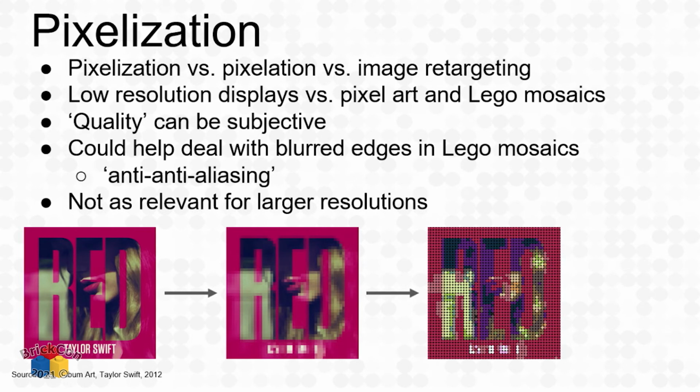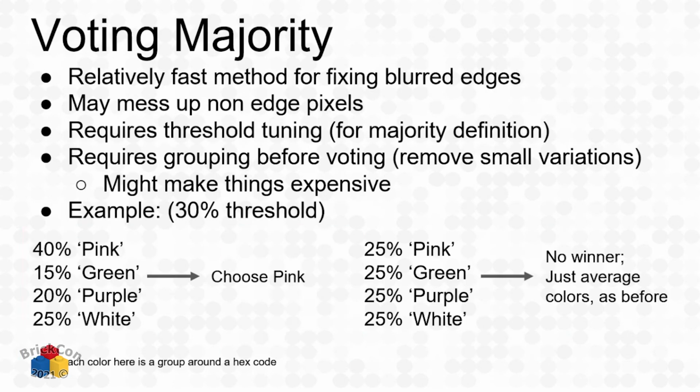The edges tend to get blurred out through most regular pixelation. Because what does regular pixelation use? It does some smoothing. Every pixel is the average of its surrounding pixels, but if you're on the edge, that looks weird. When you get to Lego art, if you look really closely, you can see that we've kind of messed up that photo. So there are a bunch of ways to deal with this. I'll kind of skim it.